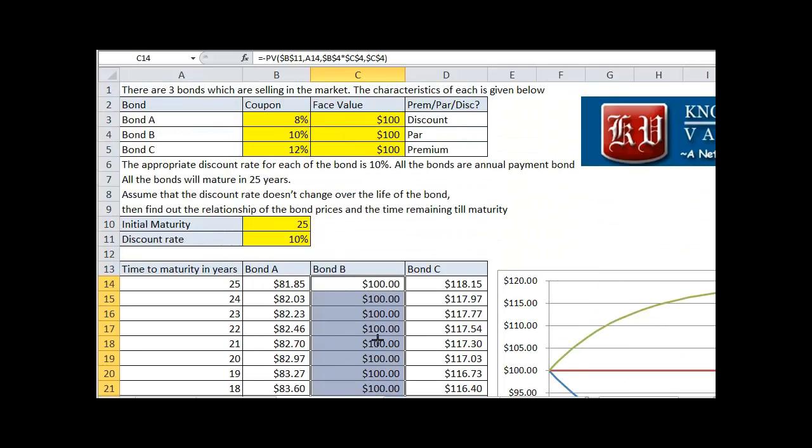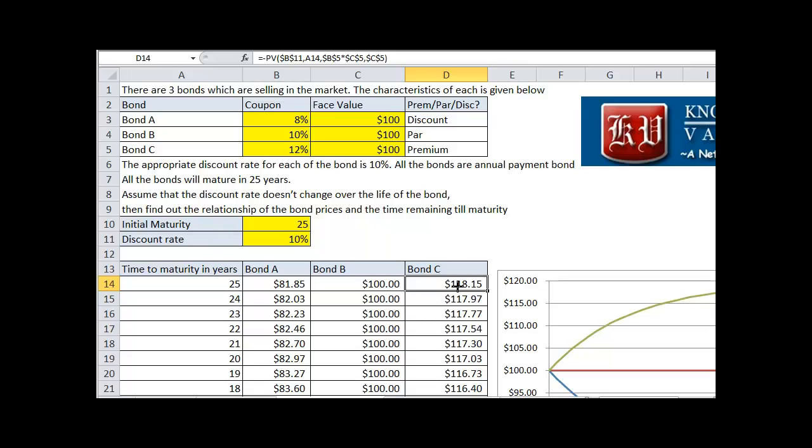Whereas for bond C, the initial value is 118. As the time to maturity decreased to 24 years, it has decreased in price. Now what is the reason for this? The reason for the decrease in the premium bond's price is that today it is 118, but at maturity the bond price should come to face value.